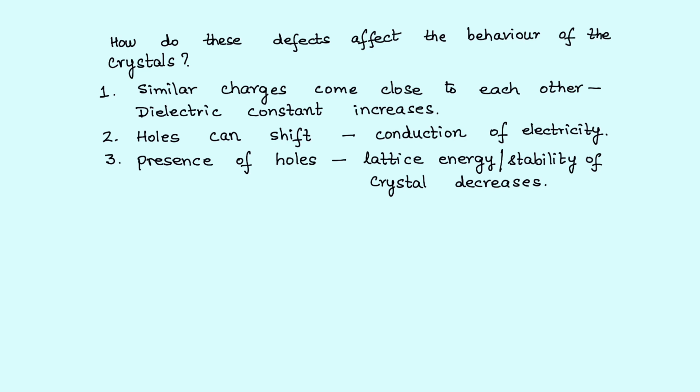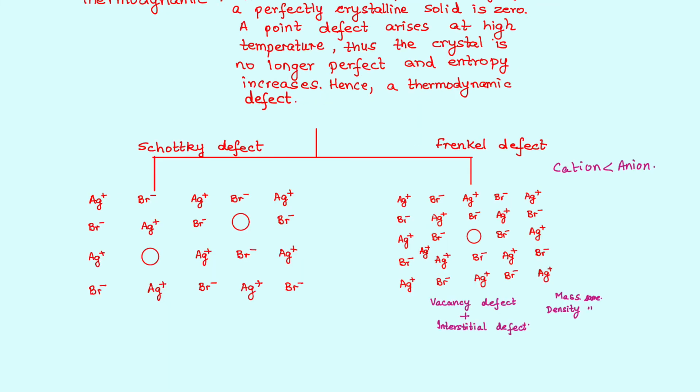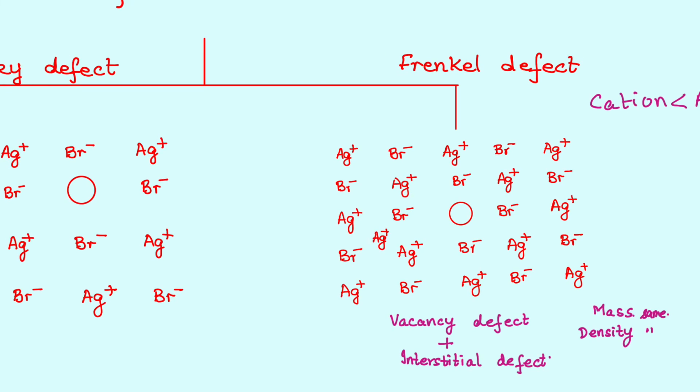Why are these defects developed? How do they affect the behavior of the crystal? Simple. When you are talking about, say for example, Frenkel defect, what is happening? The ions with similar charges are coming close to each other, right? The proximity increases.